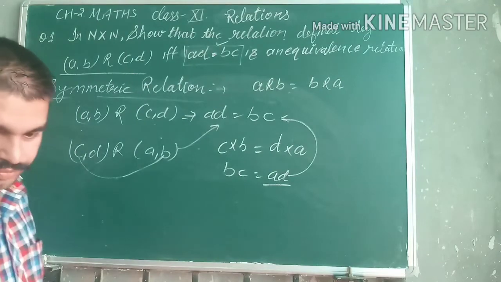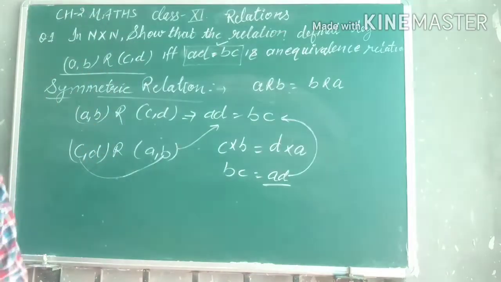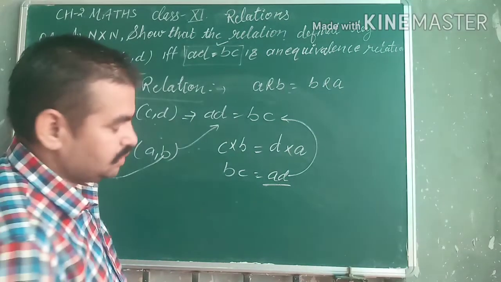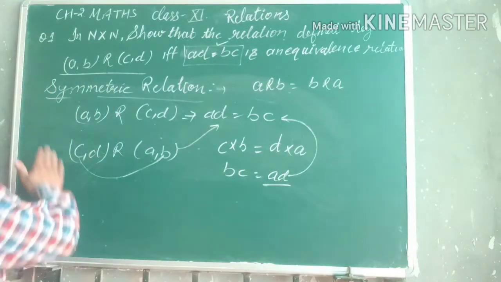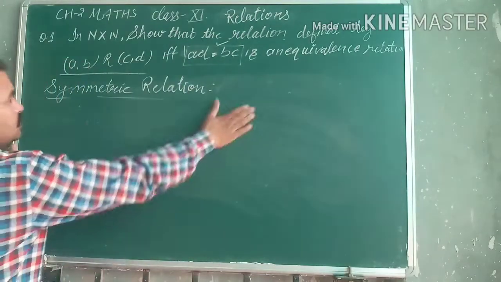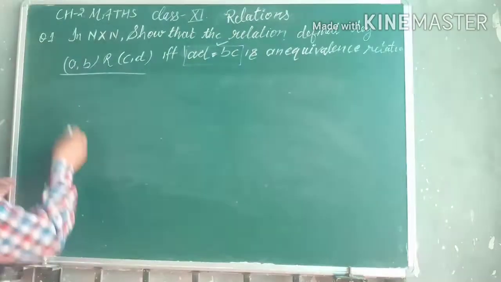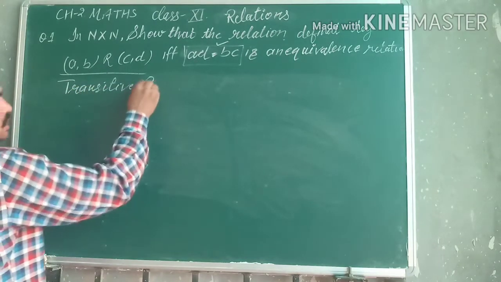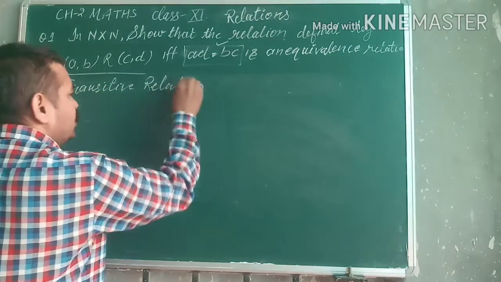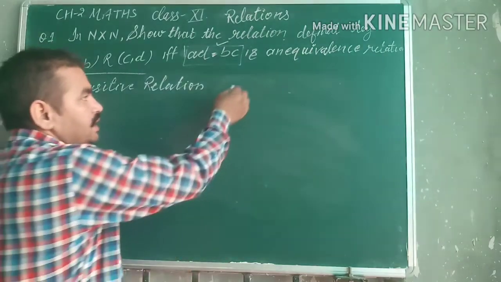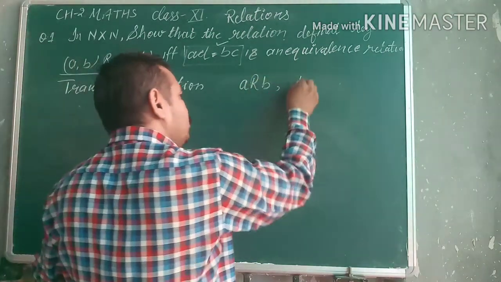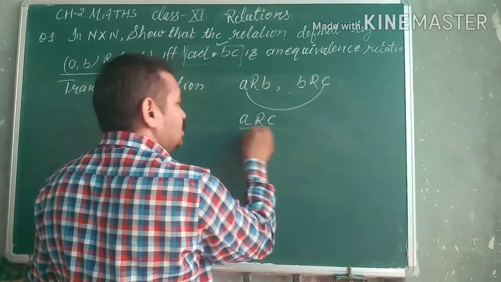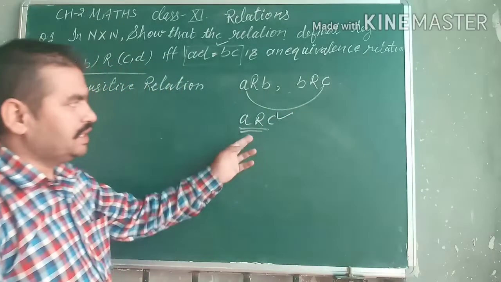For transitive, what we have to prove? For a transitive relation, if a relation follows the condition that A relation B and B relation C, then it must hold A relation C. If it holds, then we can say that it is transitive.